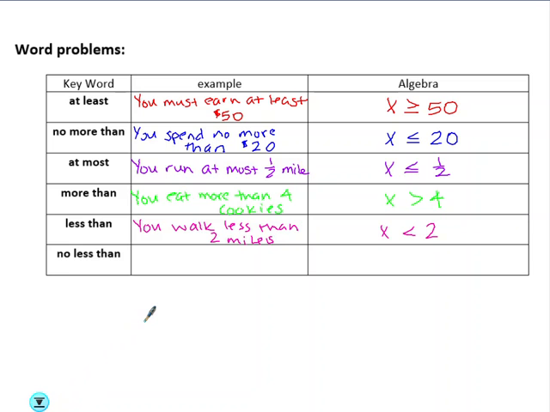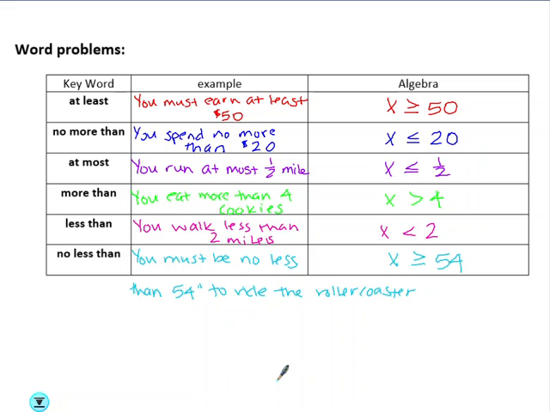So I could say you must be no less than 54 inches to ride the roller coaster. That means you could be exactly 54 inches or you could be more than 54 inches, but we have x is greater than or equal to 54.